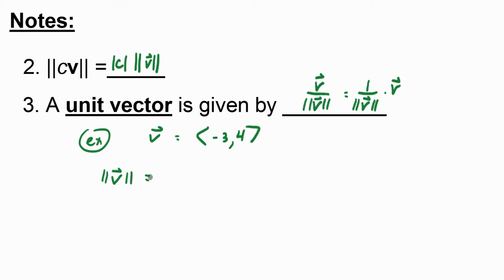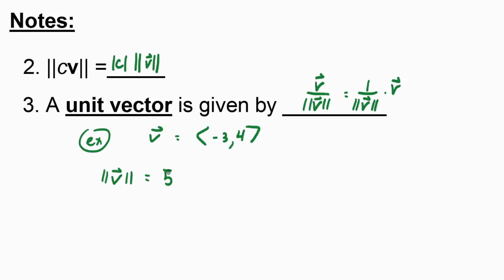It's 5, right? When the absolute values of the components are 3 and 4, the magnitude of the vector is going to be 5 every time, because when you draw the picture, it forms a 3, 4, 5 triangle. So you could use the formula or just realize you have a 3, 4, 5 triangle, and you get the magnitude of v is 5.